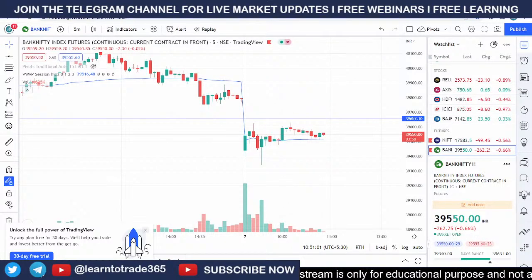Very simple, sir. If you have any problem booking profits very early once you are into the trade, once you enter the trade, don't see the MTM. Don't see the MTM, and also make sure कि आपका quantity sizing करेक्ट होना चाहिए। Traders start panicking if there is wrong position sizing. मतलब if SL gets triggered you are losing 5%, 7% or anything more than 3% of your capital on a single trade, तो आप position sizing completely wrong है, you have to reduce your position size and then execute your trade.